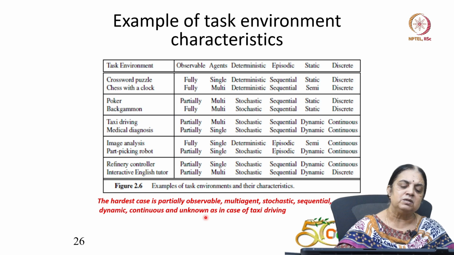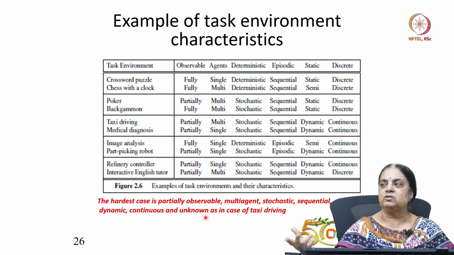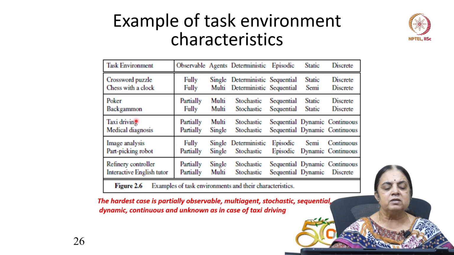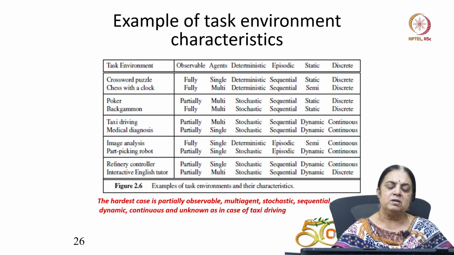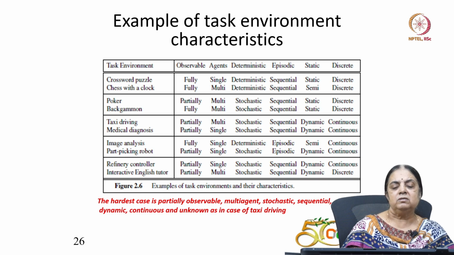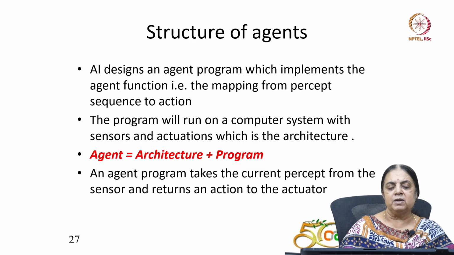So many times it's unknown. If you take an action, what happens? So these are something like the taxi driving. That will be the hardest environment that you can have, right? So if you know the nature of your environment, it will help you to decide what actions to be taken basically.